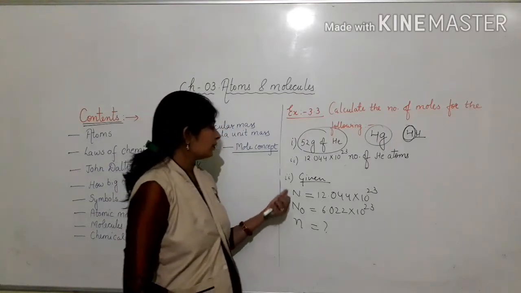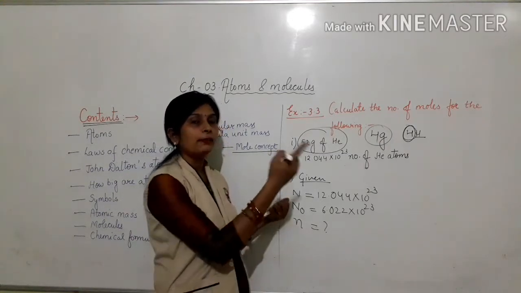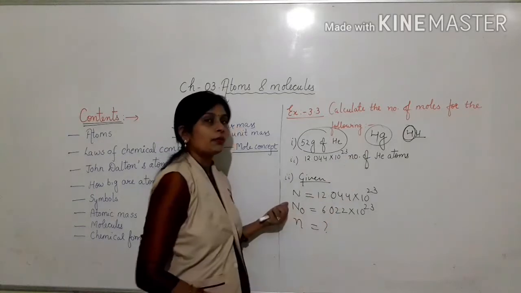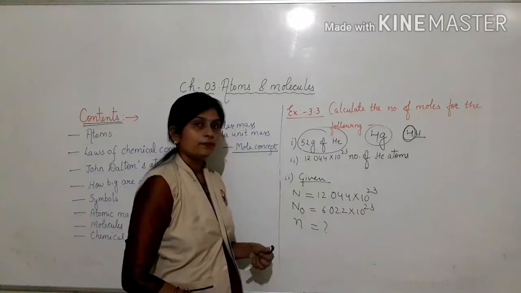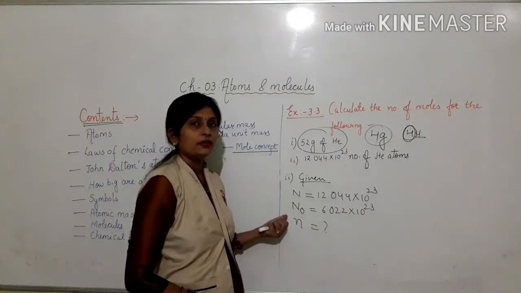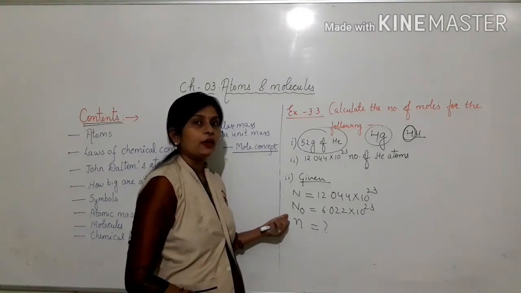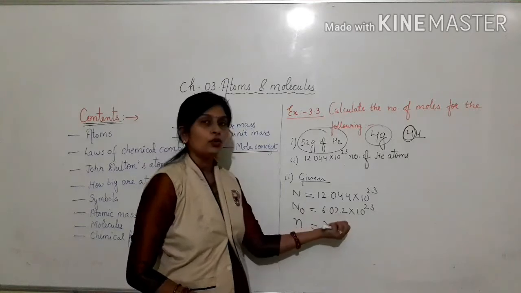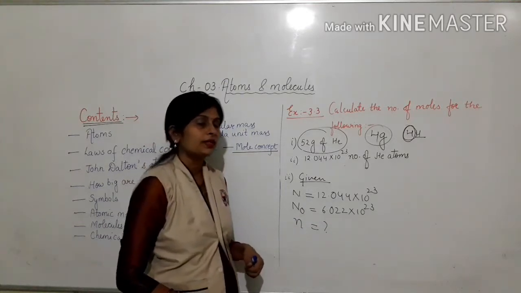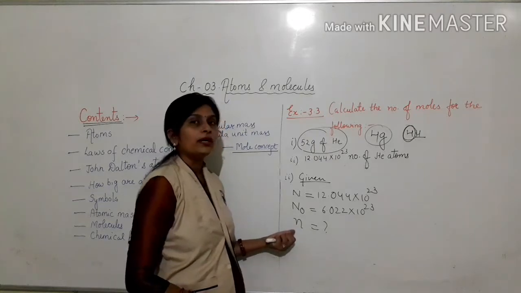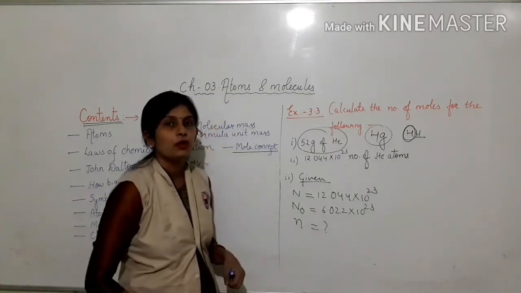So here the number of helium atoms, meaning number of particles, denoted with capital N, is given. The Avogadro constant, denoted with capital N naught, we know has a constant value 6.022 × 10^23, and we have to calculate the number of moles, denoted with small n.